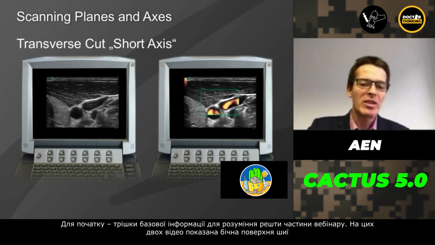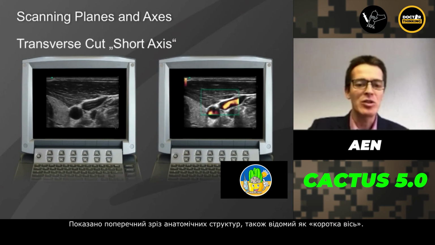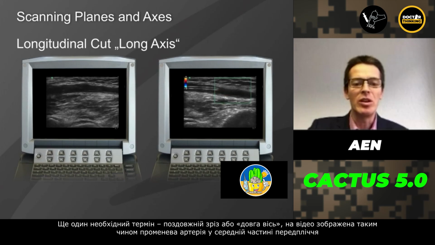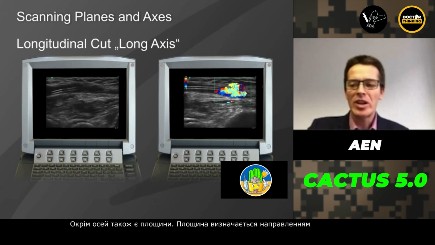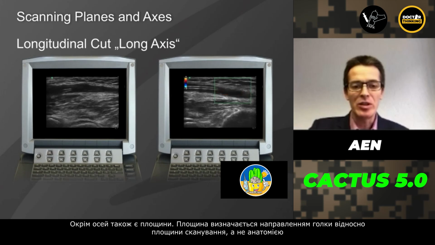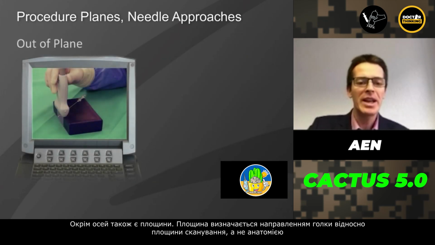We look at the lateral neck on these 2 videos here, and the anatomical structures are shown in a transverse cut, which is also known as short axis. The other term we need is a longitudinal cut or long axis, which is shown here on a radial artery on the mid-forearm. In contrast to this axis terminology, we talk about planes.